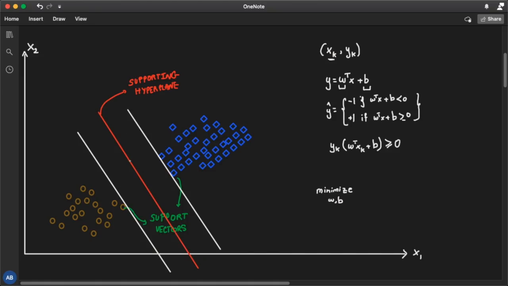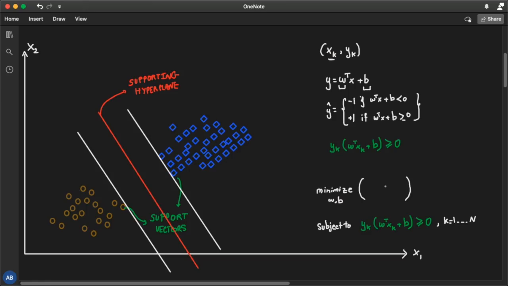W is the gradient, right? And b is an offset. If b is 0, then this line would be passing through the origin, right? So we're minimizing a certain cost, subject to this constraint over here. And this applies for k going from 1 down till n, so for all my training instances.